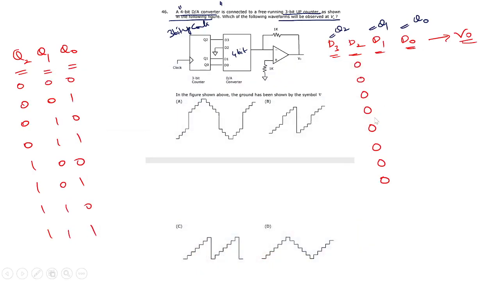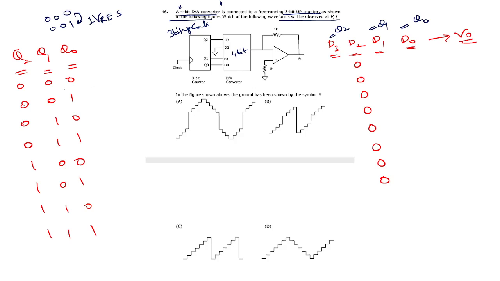Okay. So let's take some reference. We already heard of V resolution, right? If the input changes by one LSB, the output changes by one time V resolution, right?